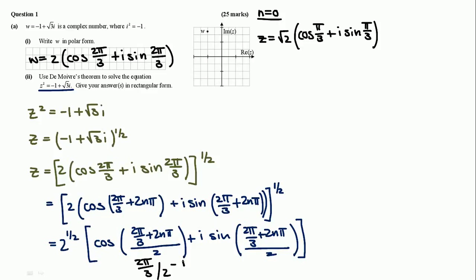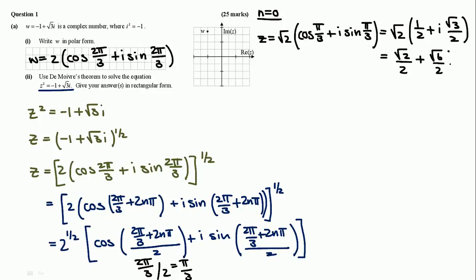So that's where I get my pi over 3. So this is equal to the square root of 2. Cosine pi over 3, I get a half. Sine pi over 3, I get the square root of 3 over 2. So just to simplify, I get the square root of 2 over 2 plus the square root of 6 over 2 i.